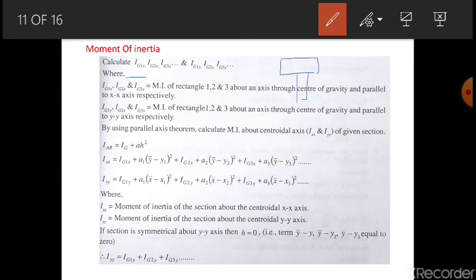In this case, if this is 1 and this is 2, then you have to calculate Ig1 and Ig2 separately, and Igy1 and Igy2, about the x-axis and the y-axis of the first section, and about the x and y-axis of the second section.